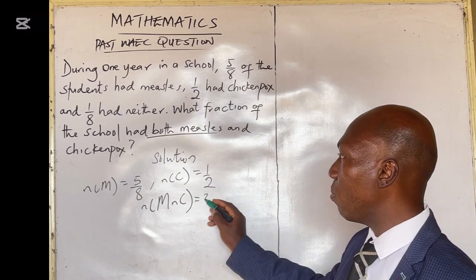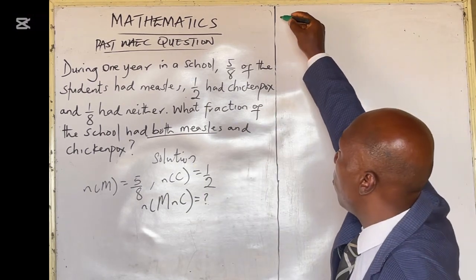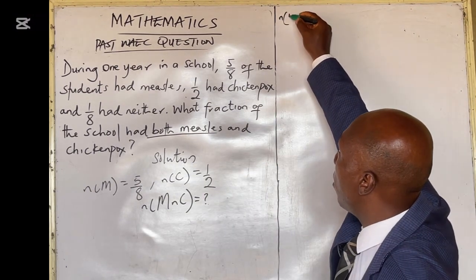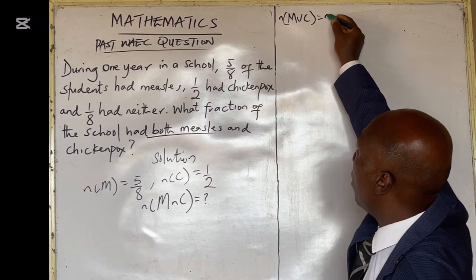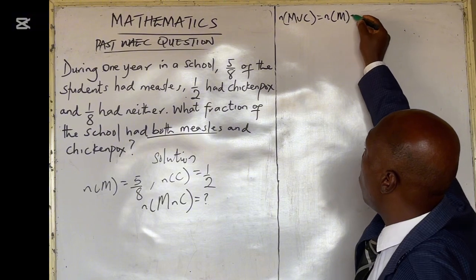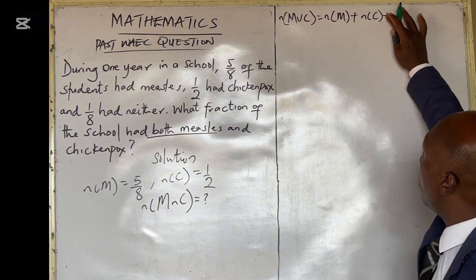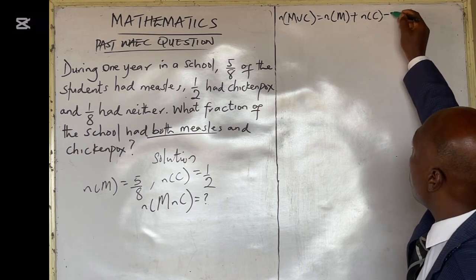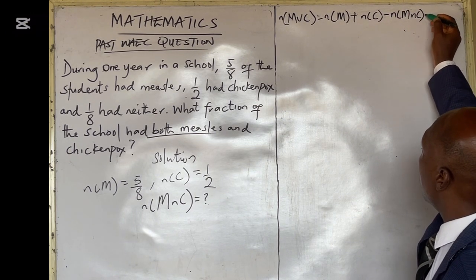That's what they asked us to find. So we can use the formula: number of measles union chickenpox equals number of measles plus number of chickenpox minus number of measles intersection chickenpox.